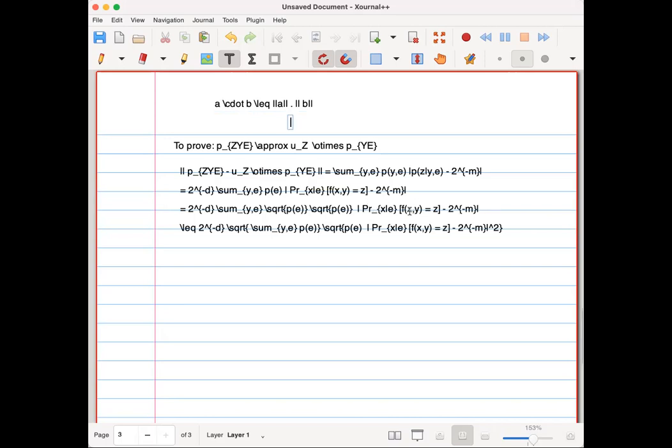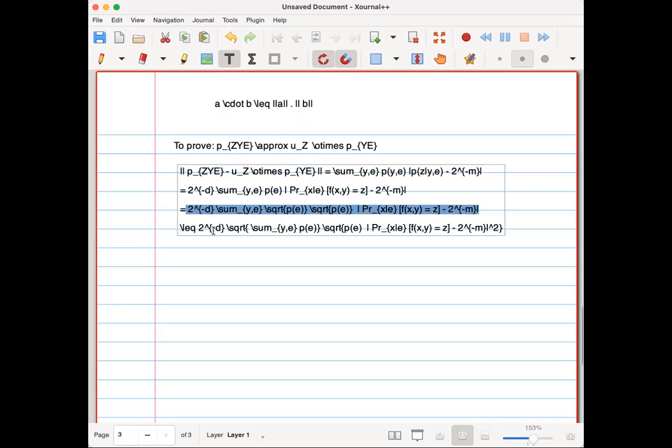That quantity depends on both e and y: e comes in here, e comes in here, and there's y here. That is my A dot B. So this expression, the sum over y of square root p times the absolute value, is nothing but A dot B, where A and B are defined accordingly. Is this part clear? Yes. So now I'll apply Cauchy-Schwarz.